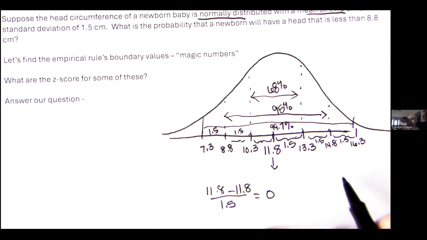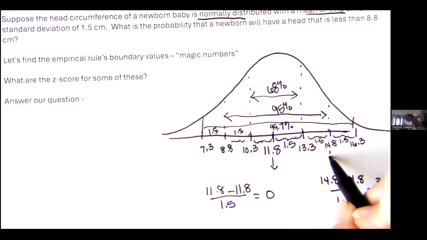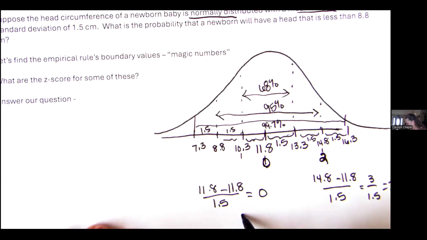I'm going to take my 14.8, subtract off my mean, divide by my 1.5. That's going to be 3 divided by 1.5, which is 2. So this is my 0 and my 2. I'm going to try the 10.3. So 10.3 minus my 11.8 divided by my 1.5.